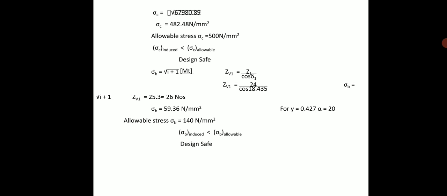The allowable stress is 500 Newton per mm square, which is more than the induced stress. Therefore the design is safe. Similarly, for bending stress, from the same page number, the induced stress is equal to 59.36 Newton per mm square, and allowable stress is 140, which is more than the induced stress. Therefore the design is safe.